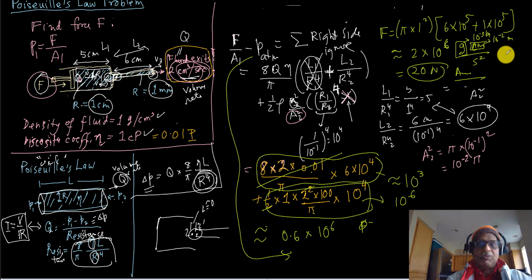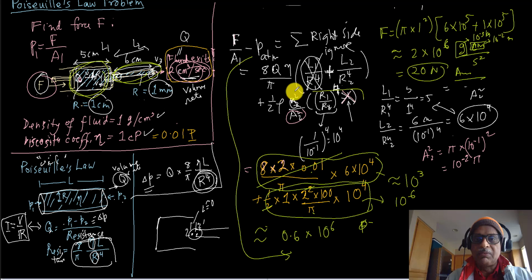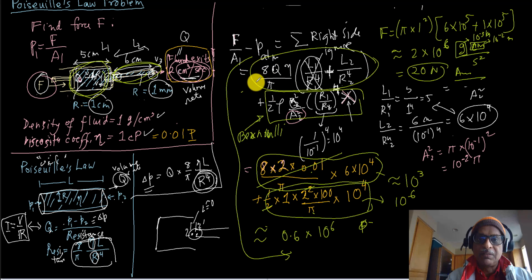Okay, this was really a tour de force. A lot of things we did. You notice that whenever you have a change in the cross section of the flow, you are going to get something from Bernoulli. So this is coming from Bernoulli, and this was coming from Poiseuille law.